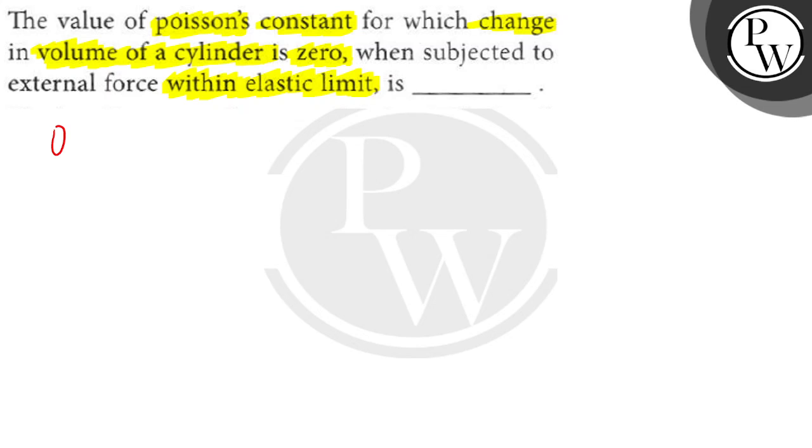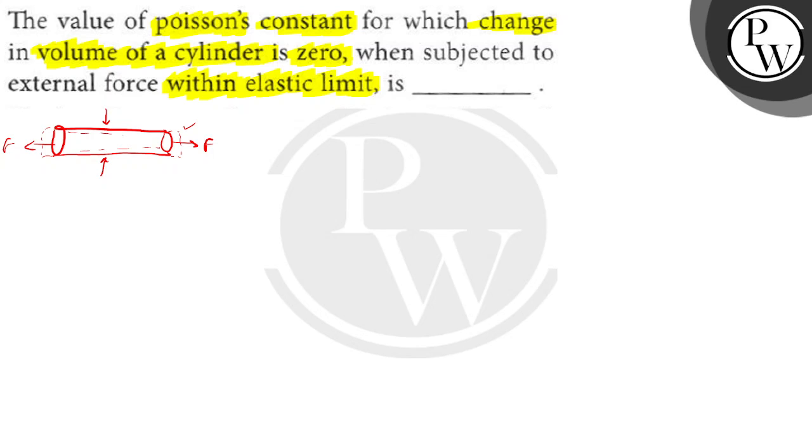So when we have a cylinder, this is our cylinder, and there is a force acting. So what happens is due to this external force, there is some extension in the cylinder's length. But since the total volume has to be constant, the change in length is given by a small reduction in the radius.